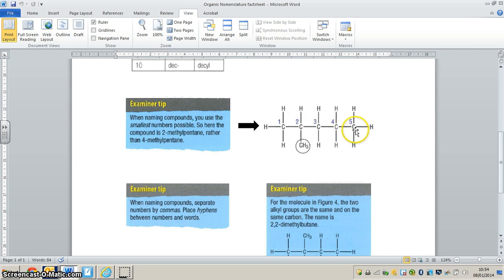If we'd numbered from this end, shall we say, 1, 2, 3, 4, 5, what we'd effectively have would be 4-methyl pentane, and that would be wrong, because 4 as a number is bigger than 2, and we always number to get the lowest set of numbers that we possibly can. So in this case, the lowest set of numbers we can have to illustrate the methyl group is at position 2.